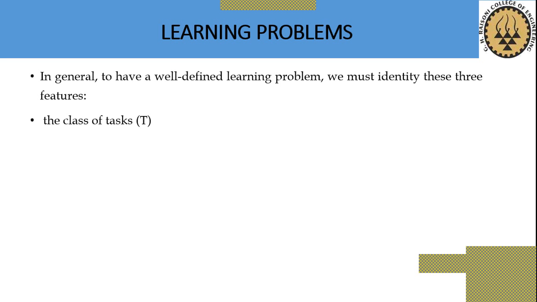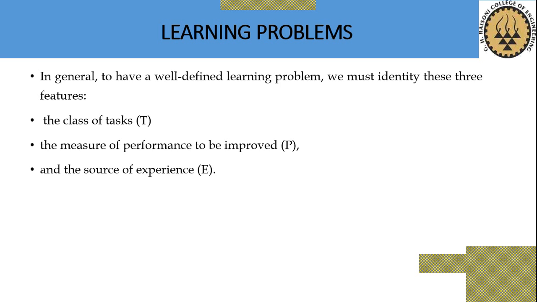The first is a task you have to perform. Then a measure of performance so that you can improve it. And last one, from that you have gained an experience.